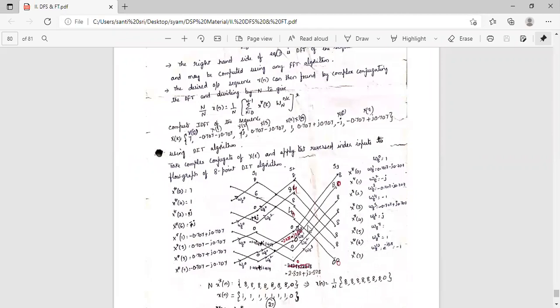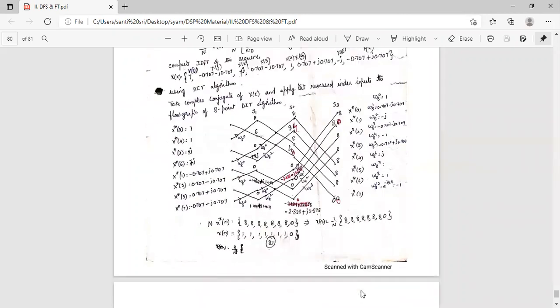So taking complex conjugate of x of k and apply bit reversal index inputs to flow graph of n point DIT algorithm. So this is complex conjugate of x of k and bit reversal. Here the inputs will be in bit reversal order and we will get the natural order at the output side if it is DIT FFT, right? So remaining everything is the same procedure.